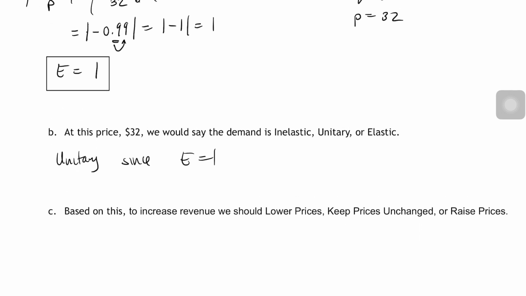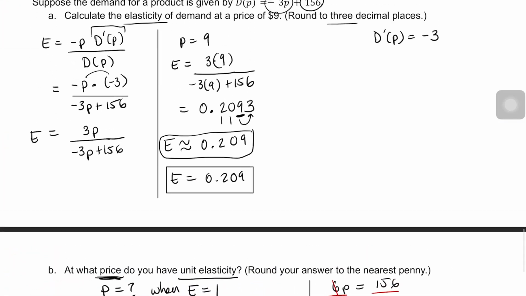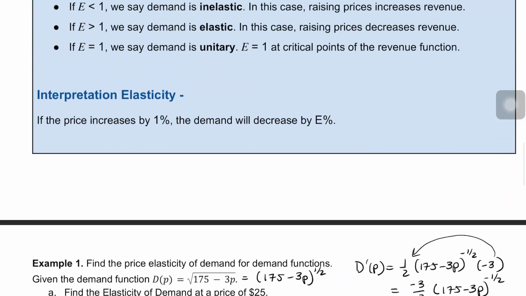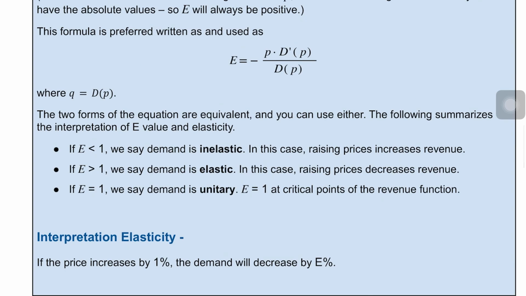And based on this, do we increase revenue? To increase revenue, we should lower prices, keep prices unchanged, or raise the prices. Because this is unitary, that means we don't want to change anything, and we want to keep the same prices, right? We say that E equals 1.